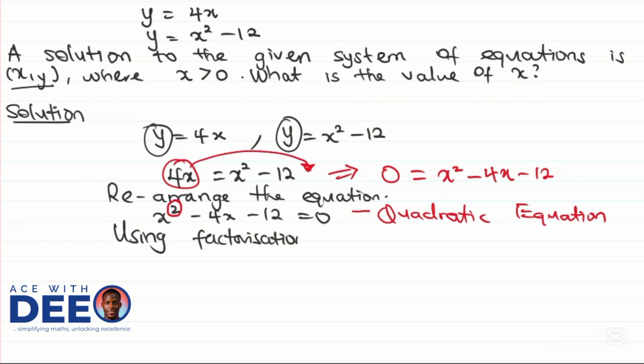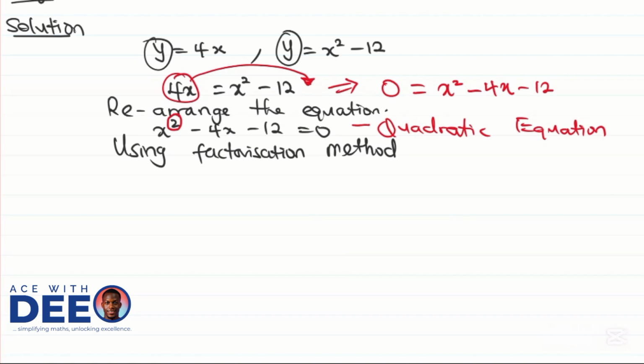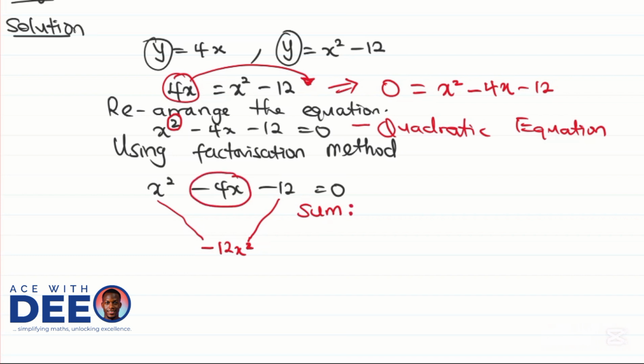To use the factorization method, looking at what we have here, I have x squared minus 4x minus 12 is equal to 0. I'm going to multiply the first and the last term together. This is going to give me negative 12x squared. So I'm going to look for the factors of negative 12x squared such that their sum gives me negative 4x and their product gives me negative 12x squared.